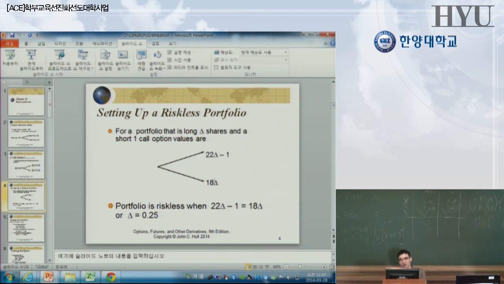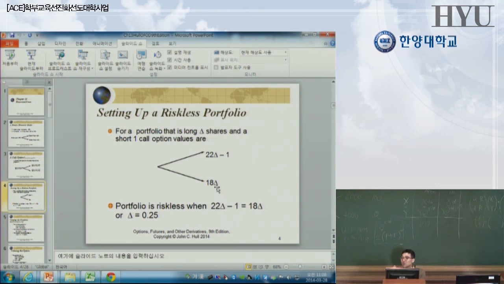Okay, then if I set these equal to each other, 22 delta minus 1 equals 18 delta, then my portfolio is riskless, right? If this and this are the same, the portfolio pays exactly the same amount whatever happens. I receive the same amount whatever happens.